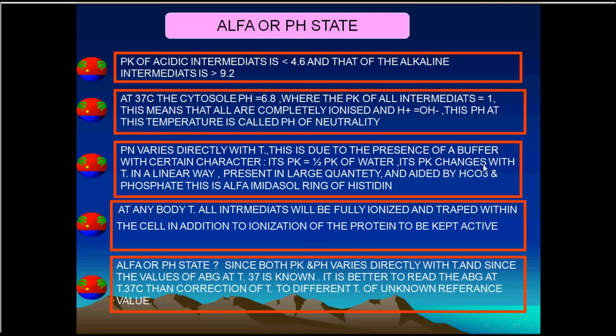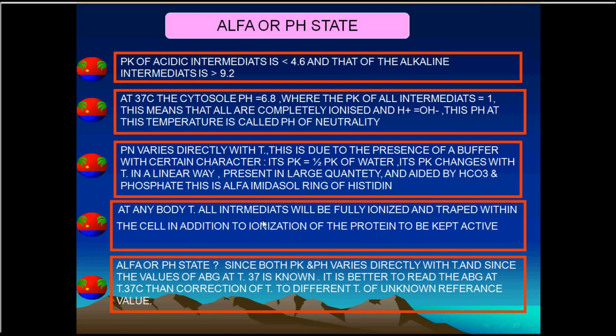In addition, the presence of a large amount of bicarbonate and protein, which has the alpha imidazole ring in large amount, in addition to the phosphate, all of these make the pK close to 7, which changes with the temperature. So at every temperature, the pH is a pH of neutrality to keep the cell alive.